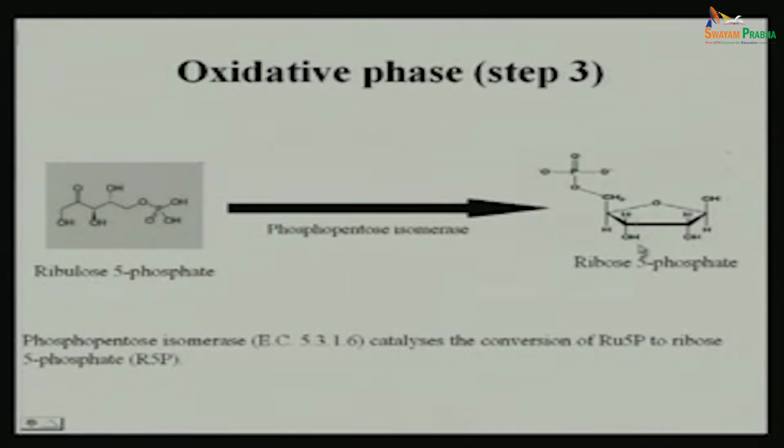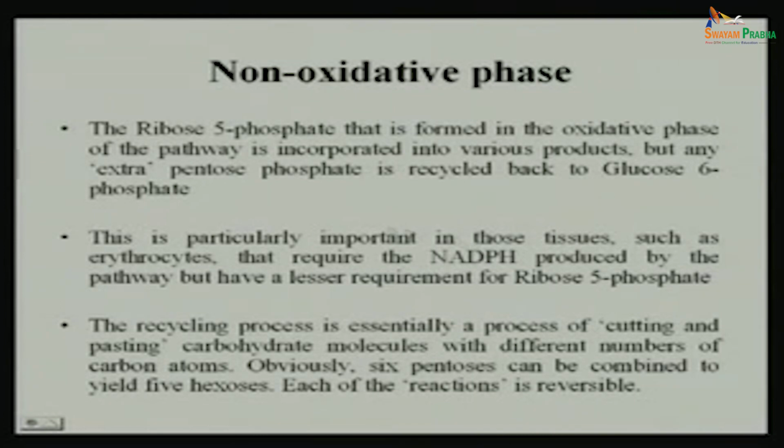This ribose 5-phosphate, formed in the oxidative phase of this pathway, is incorporated into various products, but any extra pentose phosphate is recycled back to glucose 6-phosphate.